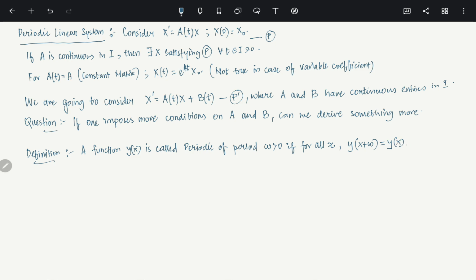Geometrically, it means the graph of y repeats itself in successive intervals of length W.